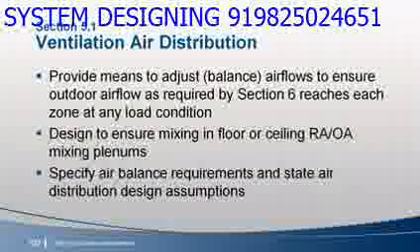Traditionally, these systems merely dumped 100% outdoor air into the ceiling plenum from a central shaft. But to comply with this requirement, outdoor air must be ducted in the plenum and discharged near each terminal unit or into each occupied zone. Finally, this section requires documentation of balancing requirements and air distribution design assumptions.